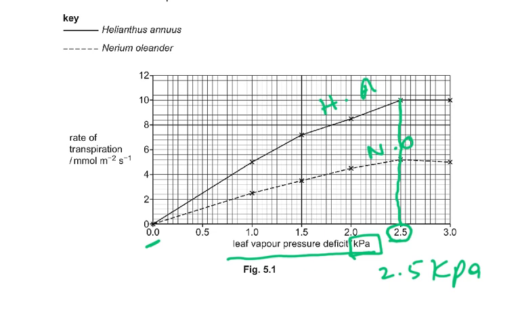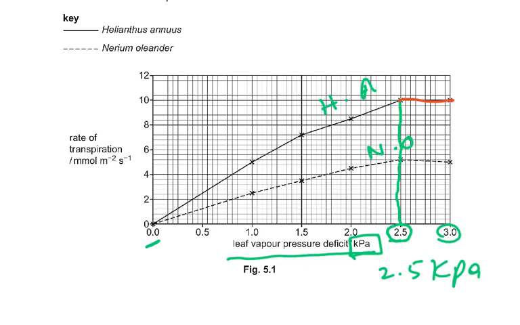Then HA rate remains constant between 2.5 and 3. You can see here it remains constant. So HA remains constant between 2.5 and 3 kPa.